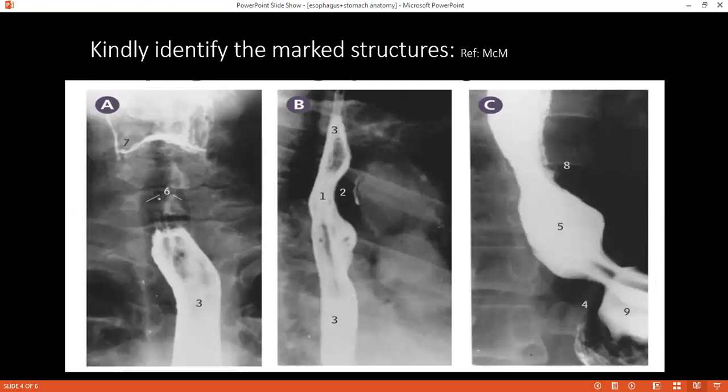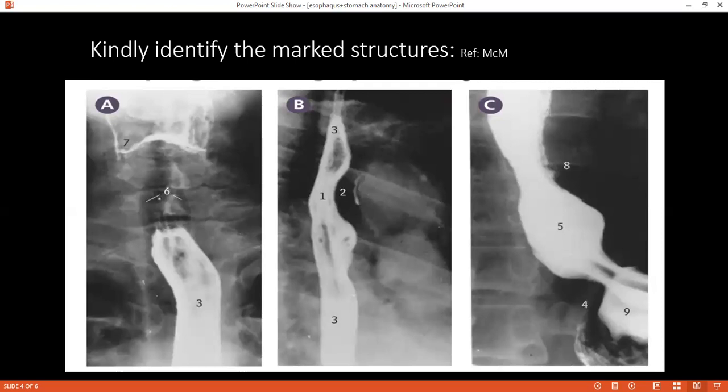Then if a microscopic sample is taken of a patient with achalasia of the esophagus, what would you see? There will be hypertrophy of the muscles in the distal esophagus and then absence of myenteric nervous system. Okay, very good.